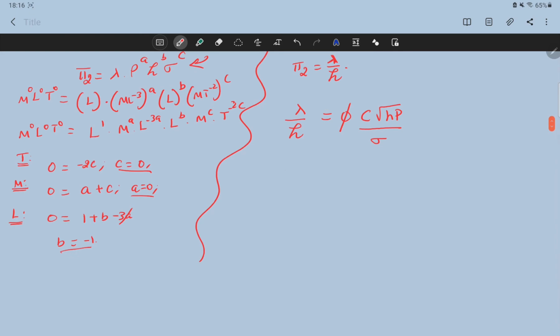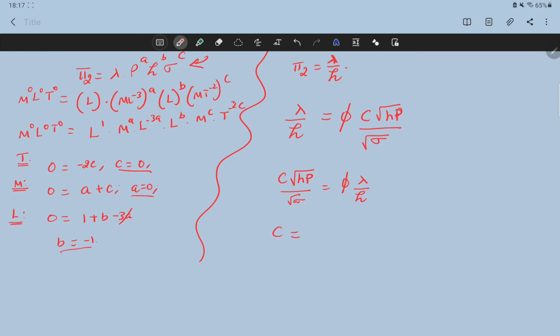So I can write c square root of rho h divided by square root of sigma equals a function of lambda by h.